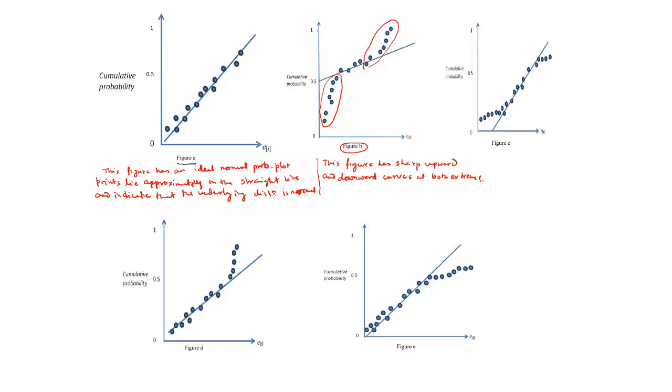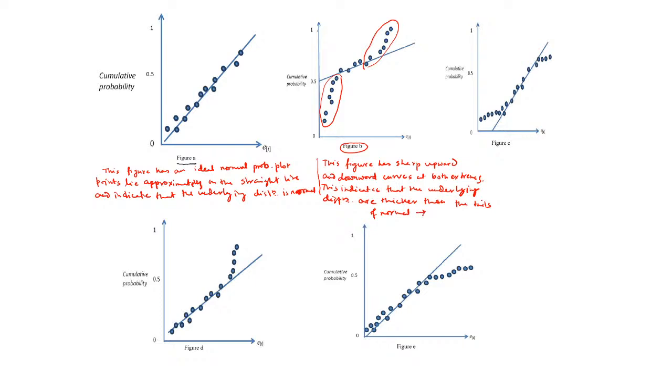This indicates that the tails of the underlying distribution are thicker than the tails of normal.